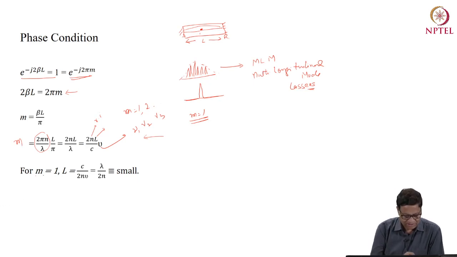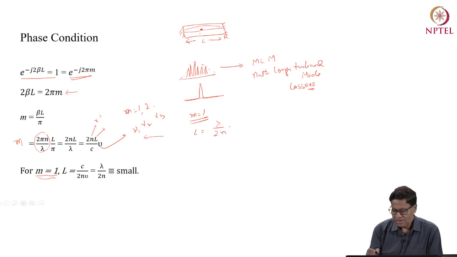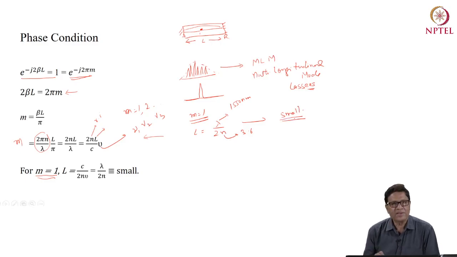If I take m equal to 1 and put the value in, I get L as lambda by 2n. If you put some value of lambda, say 1550 nanometer, and n to be 3.6, this L is actually very, very small. One can construct a laser, but this L is going to be very small.